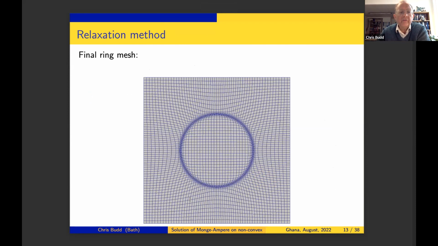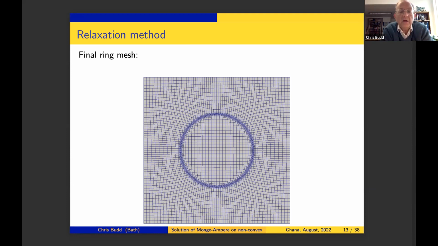And here is the solution if you use the relaxation method, where you essentially take the mixed finite element method and iterate it in a fixed point way for a number of times. And this is essentially an expanded version of a picture we saw earlier. And I want to draw out various features on this. You can see that within the ring, the mesh could not be more uniform.